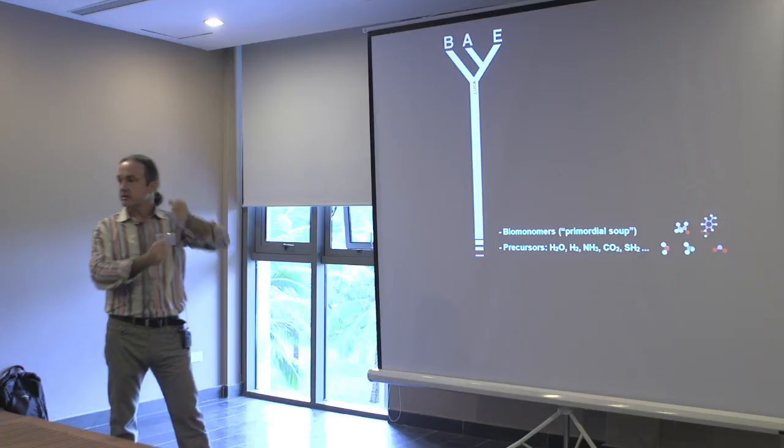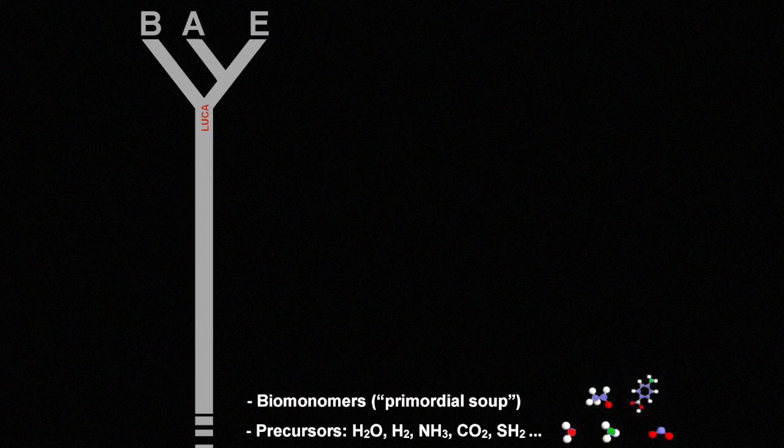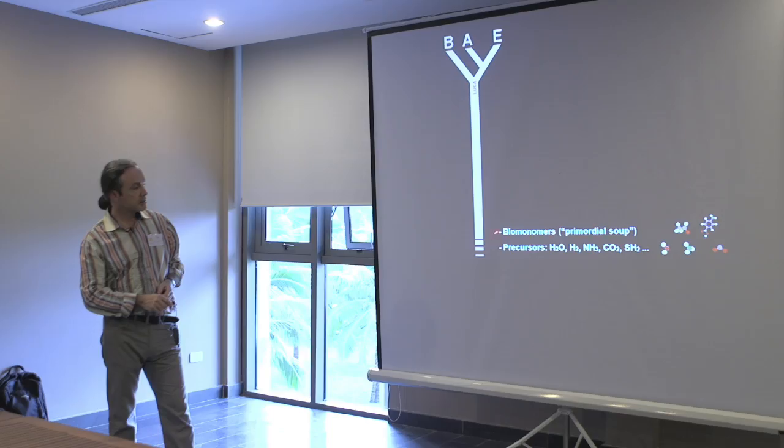If we extend the common trunk of the tree of life, okay, that is the important issue for this talk. We had the precursors at the beginning, these gases we were talking about this morning, and they could be converted into the biomonomers.